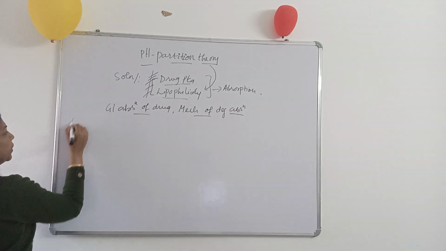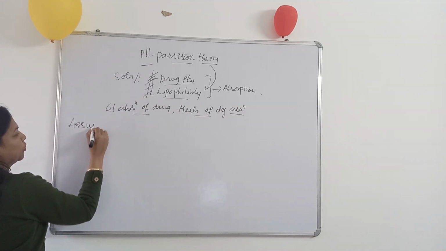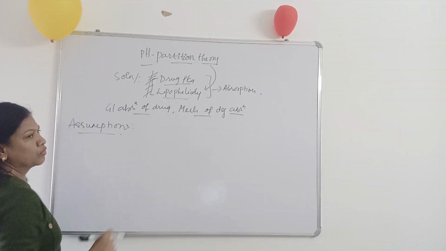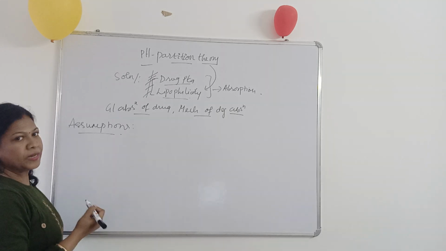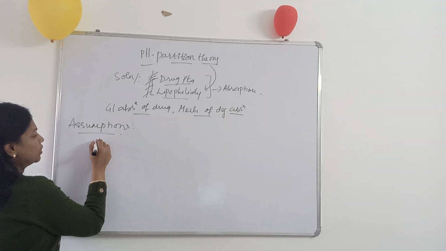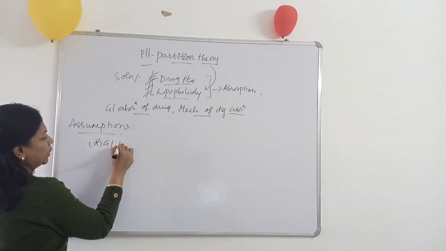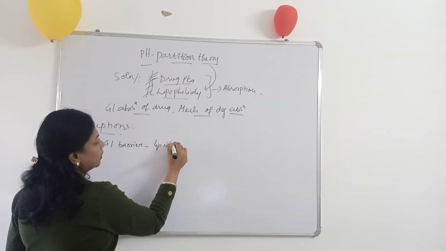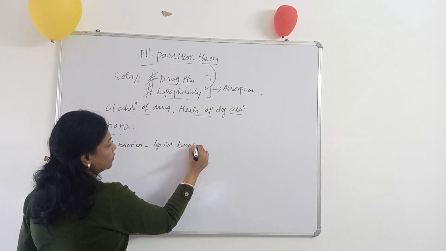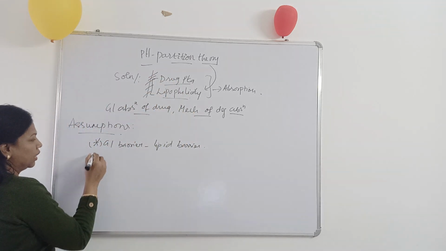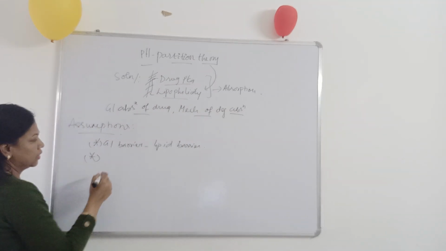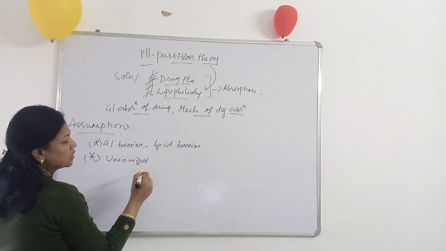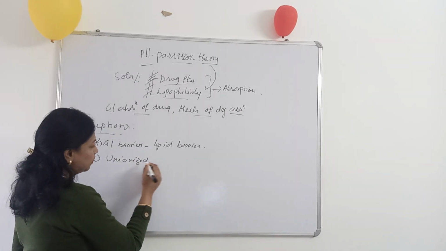So there are some assumptions or hypotheses according to this theory. So what are those assumptions of pH partition theory? First of all, GI barrier is a simple lipid barrier. This is the first assumption of the theory. And the second assumption is that the unionized form of drug gets absorbed in the GI barrier.